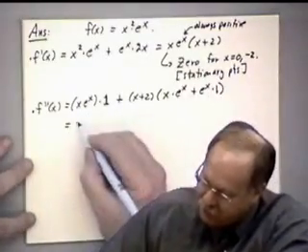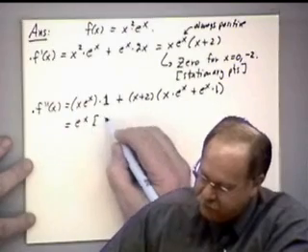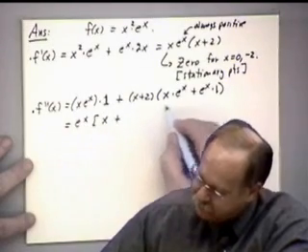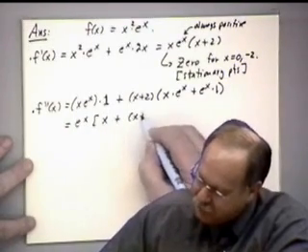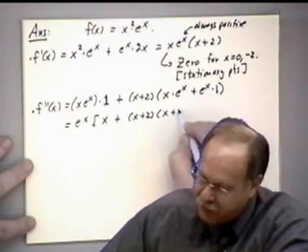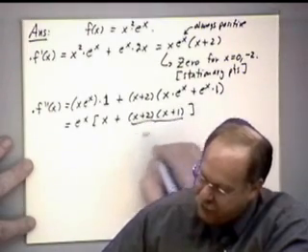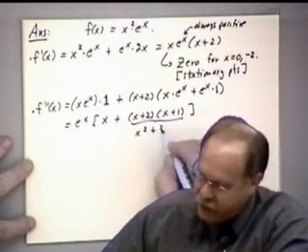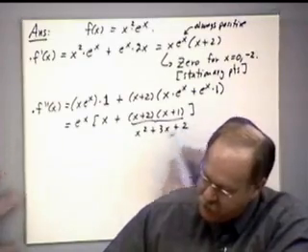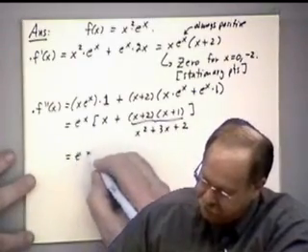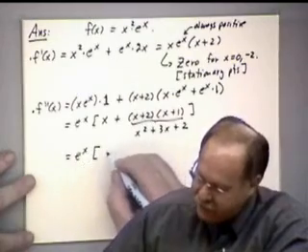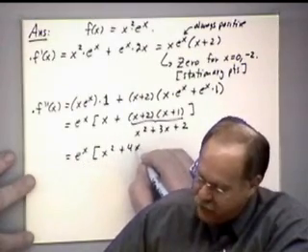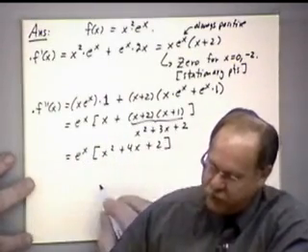Let's see, I can pull an e to the x out of all this, and I have x plus, what's left? x plus 2 times x plus 1. If I multiply this out, I'll have x squared plus 3x plus 2. And then if I recombine everything, e to the x times x squared plus 4x plus 2.